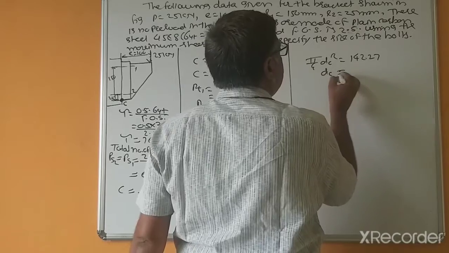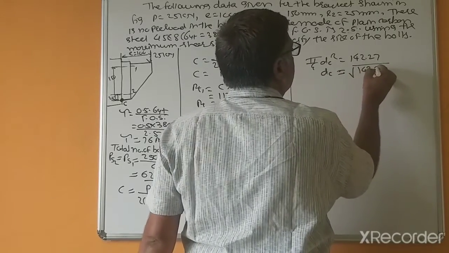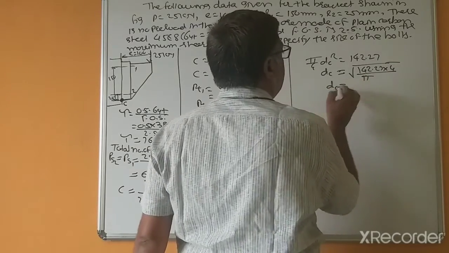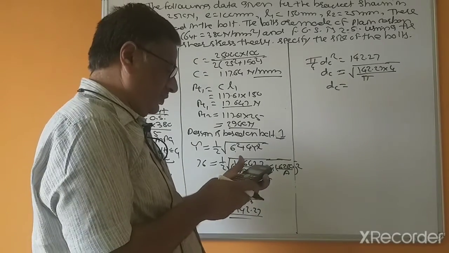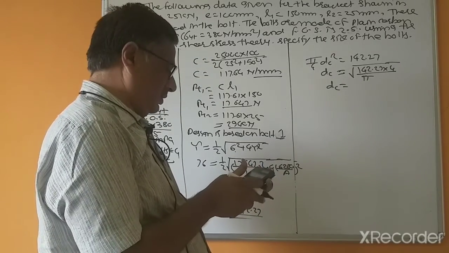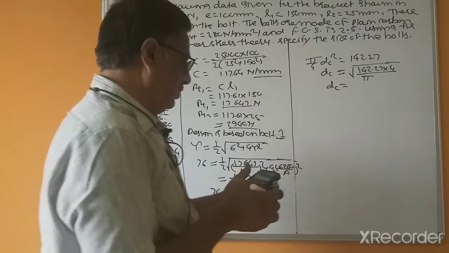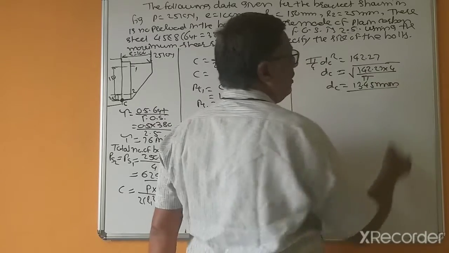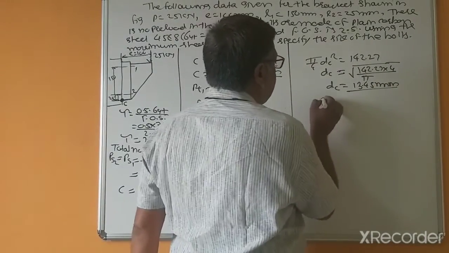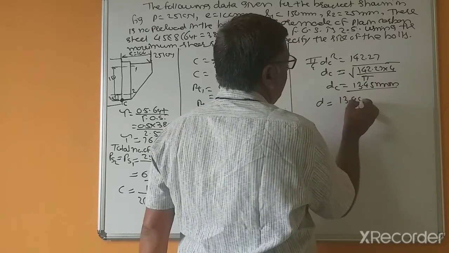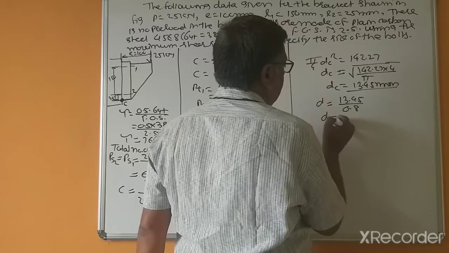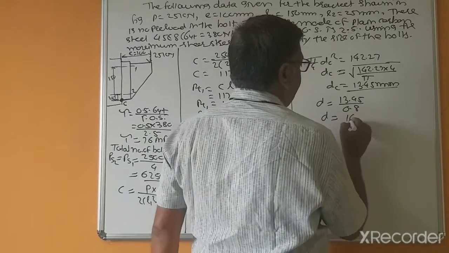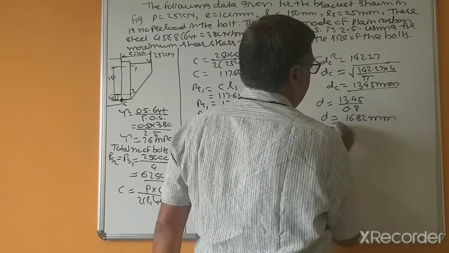DC equal to square root of 142.27 multiplied by 4 divided by pi, equal to 13.45 mm. So that's why D is the diameter of the bolts. 13.45 divided by 0.8, D equal to 16.82 mm.